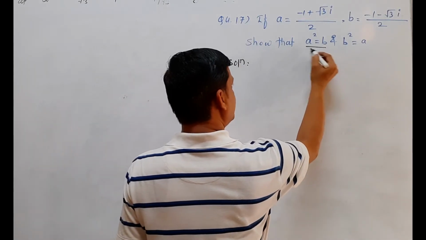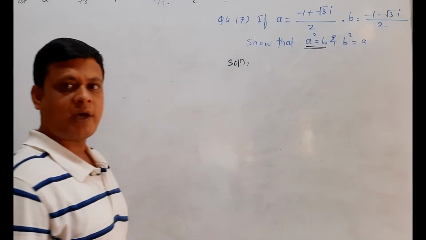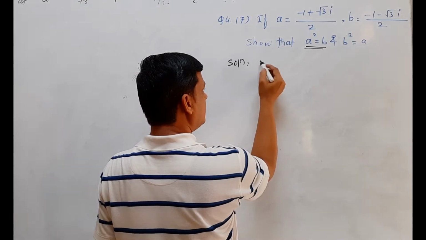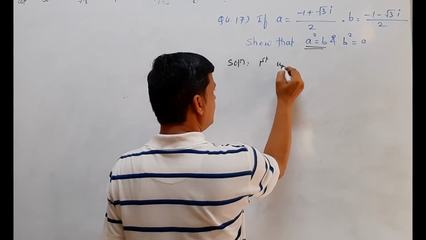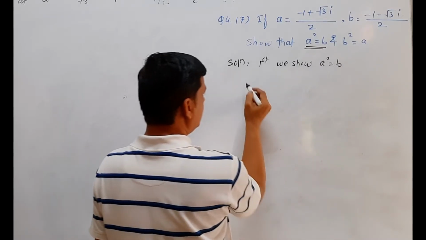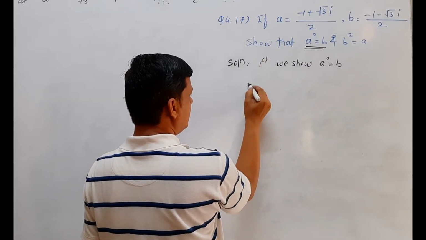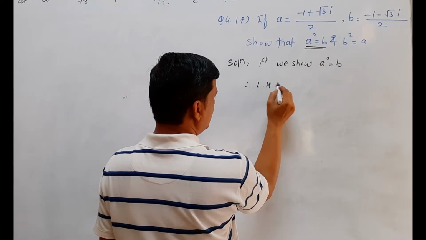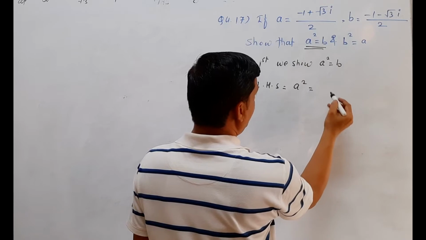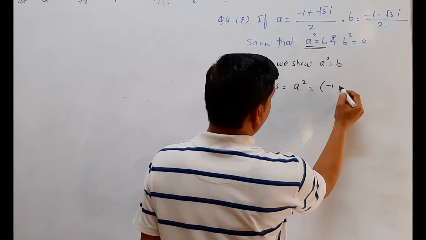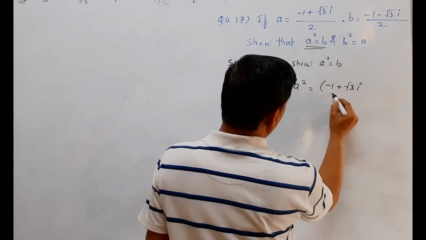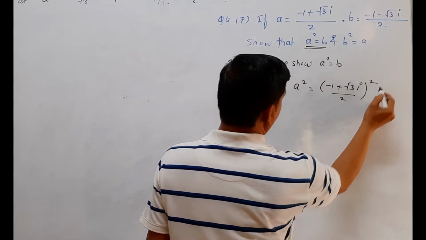we first show A square equals to B here. So we have to consider LHS of A square equals to B. First, we show A square equals to B. Therefore LHS is equals to A square is equals to, now substitute the value of A as (minus 1 plus root 3i) upon 2, its square.